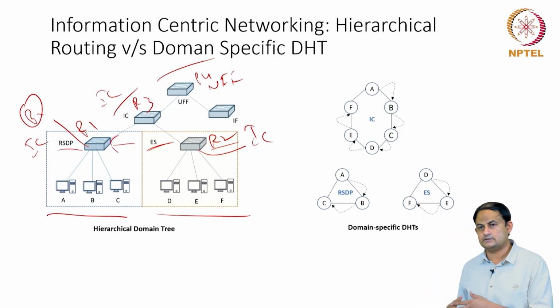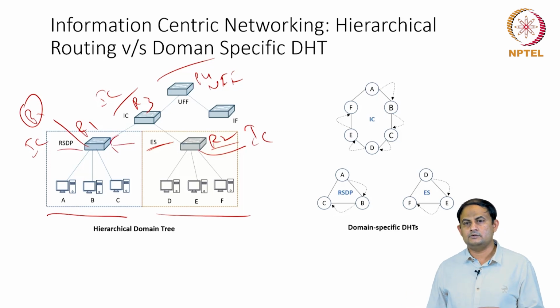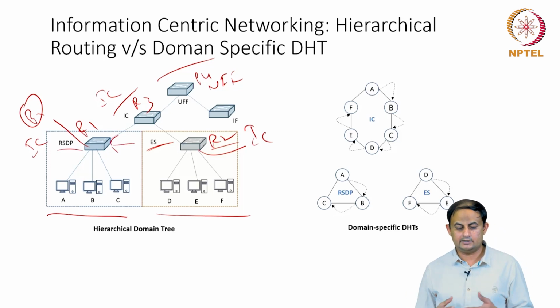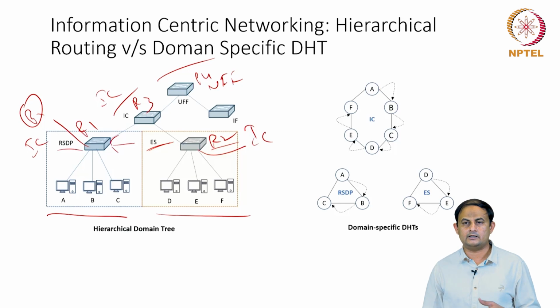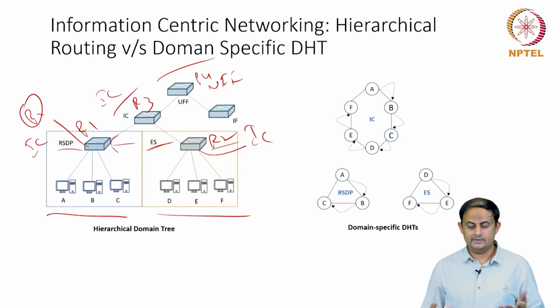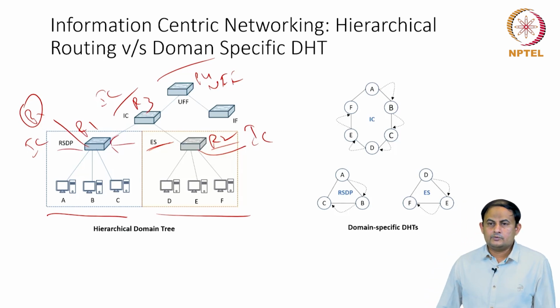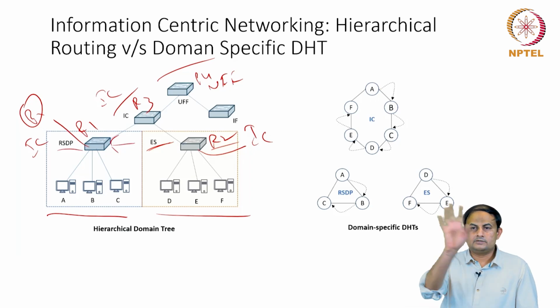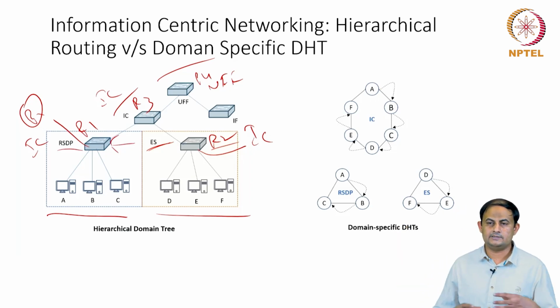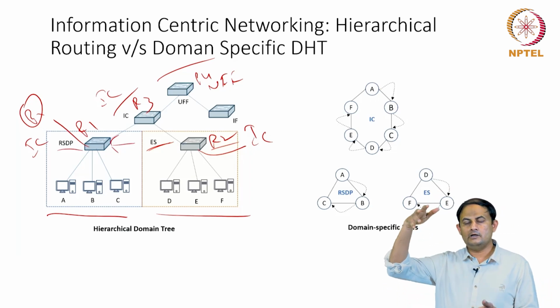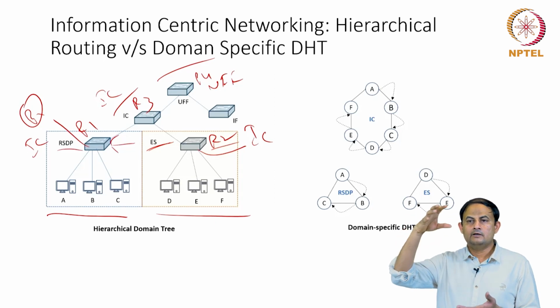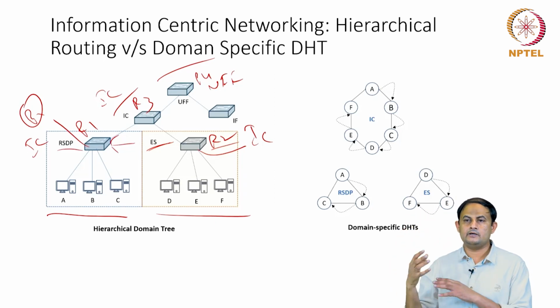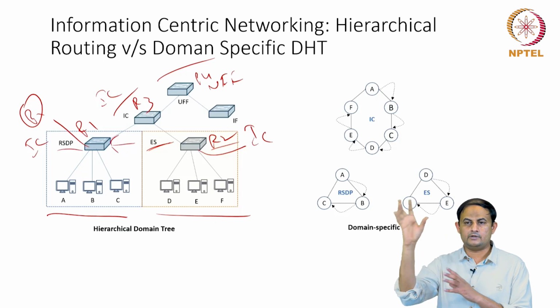The other one is something which is motivated from the peer-to-peer networks that operate over the IP networks. These peer-to-peer networks use something called a distributed hash table. What this distributed hash table is, basically, is a list of all the nodes which have a particular content type.